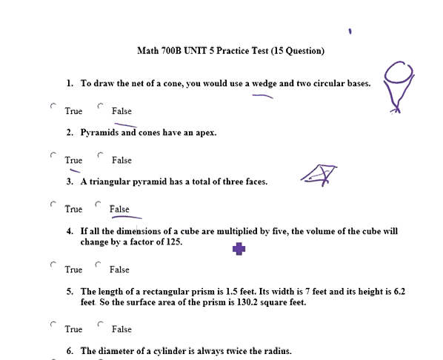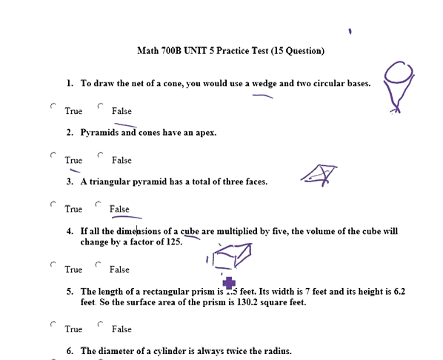If all the dimensions of a cube are multiplied by 5, the volume of the cube will change by a factor of 125. And that's true because it's a cube, and so we cube the thing. So let's just try it. There's my little cube, and I'm going to make this cube 1 by 1 by 1.